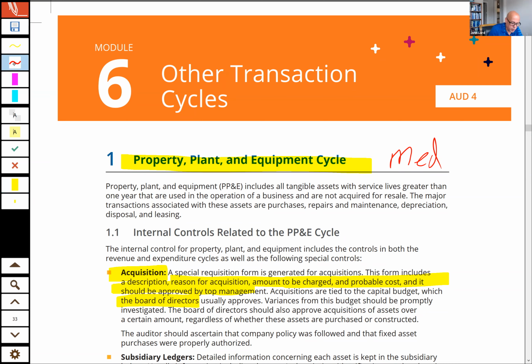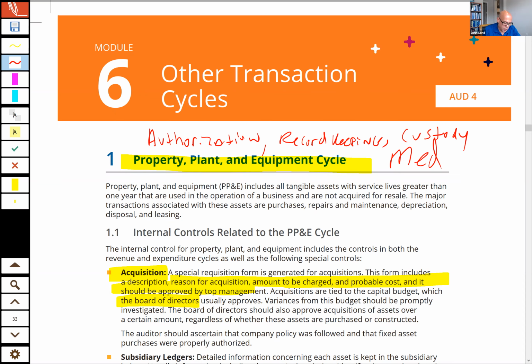Okay, now remember, we said we're going to separate authorization, record keeping, and custody, right? That's why we have these different individuals, departments, boards of directors involved in these transactions, right? To separate authorization, record keeping, and custody.